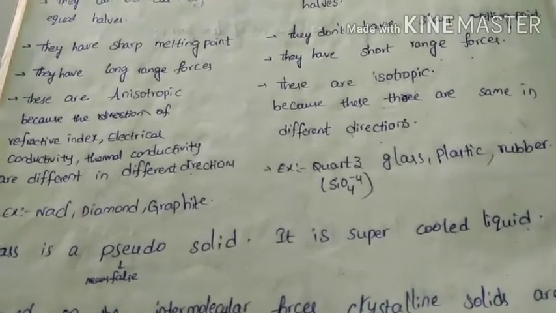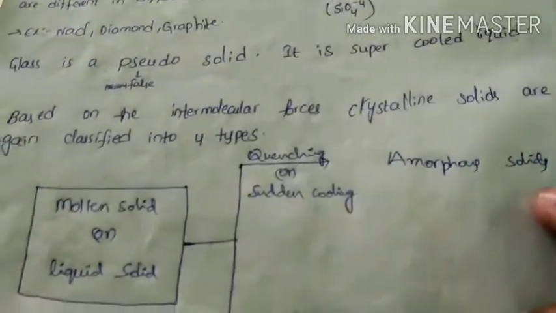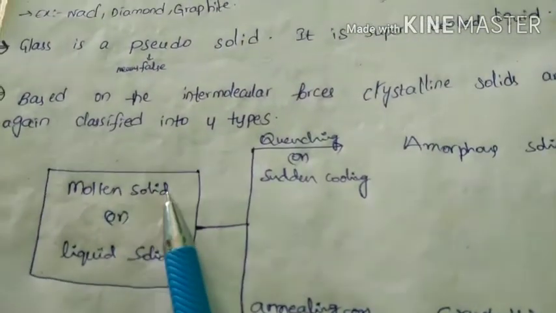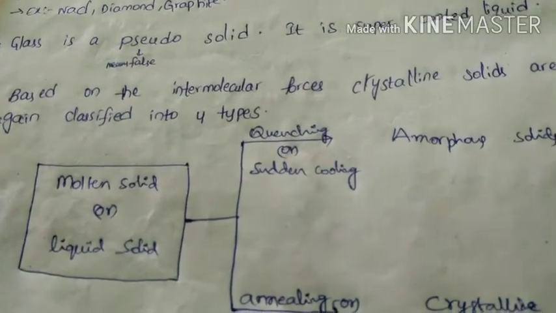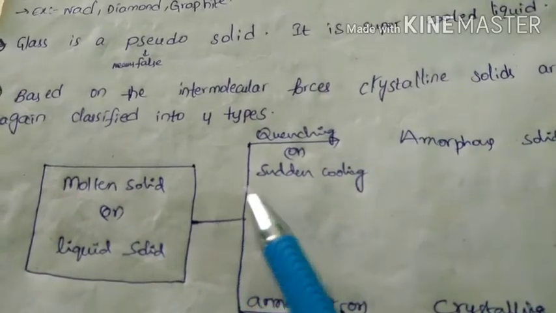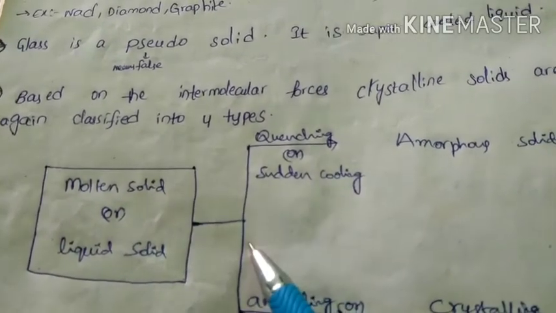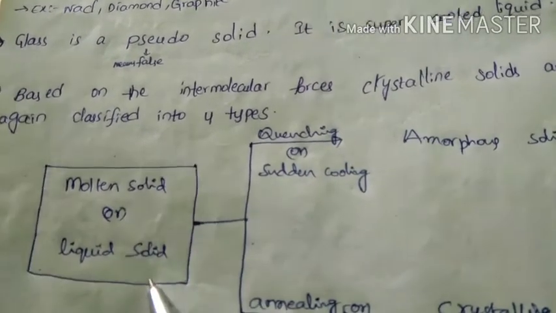Next, here some more points are there regarding this. See, molten solids or liquid solid. Molten solid means if a solid undergoes heating, then liquid is formed. That is called molten solid. That is also called liquid solid.